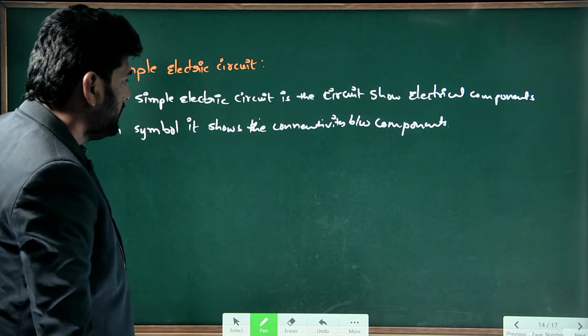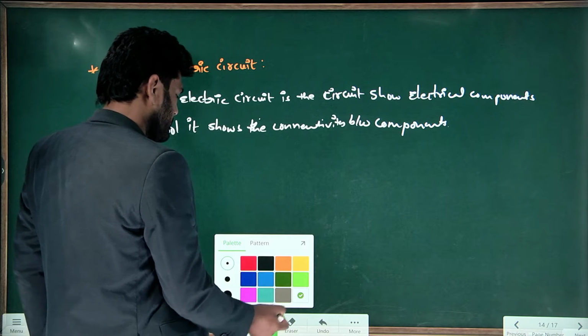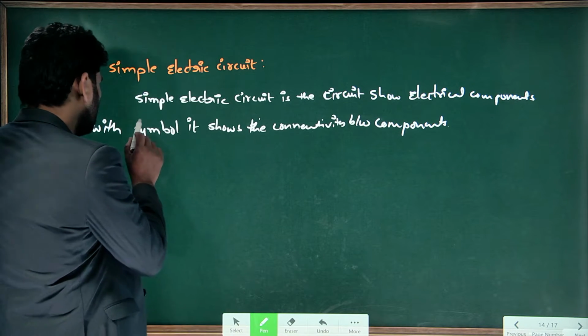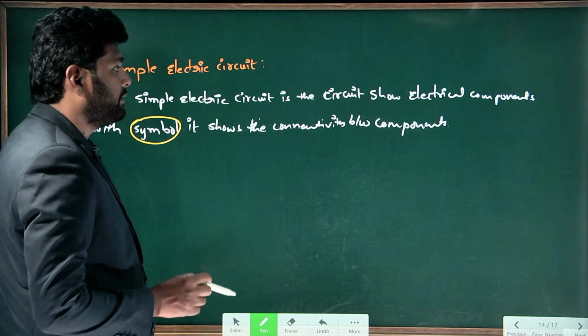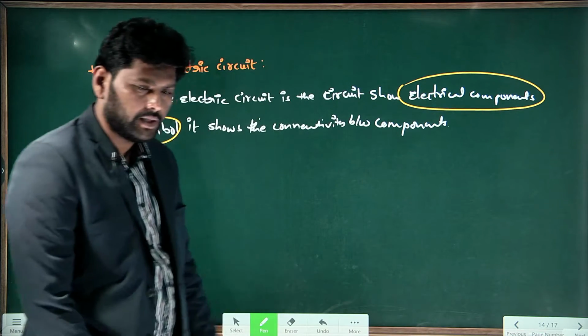Now, first of all, to show the electrical components in an electrical circuit, what are we supposed to know? First you need to know the electrical components and their symbols.